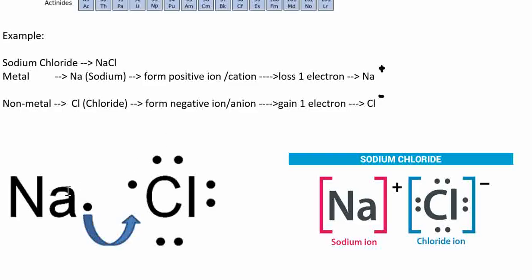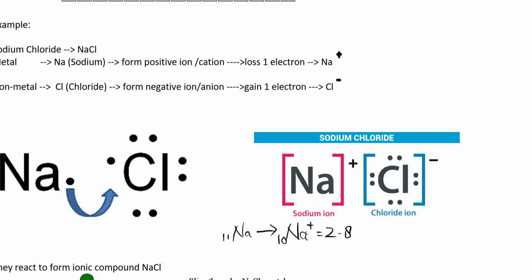In here it is displayed Na with one valence electron in its outer shell, and the one electron is transferred to Cl, which has 1, 2, 3, 4, 5, 6, 7, since Cl is in group 7. Now Cl received 1, so Cl now has 8 electrons, and Na becomes Na+, and also has 8 electrons in its outer shell.